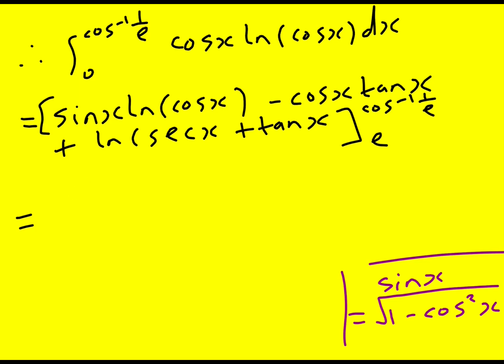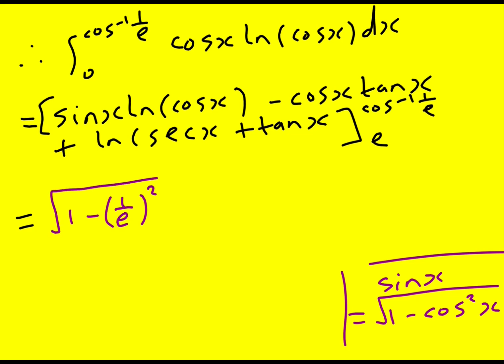So I'm going to get, instead of sine x, sine of inverse cos of 1 over e. I'm going to get 1 minus cos squared of inverse cos 1 over e. And in fact, the cos and the inverse cos will cancel out, and I'll just be left with squaring the 1 over e.